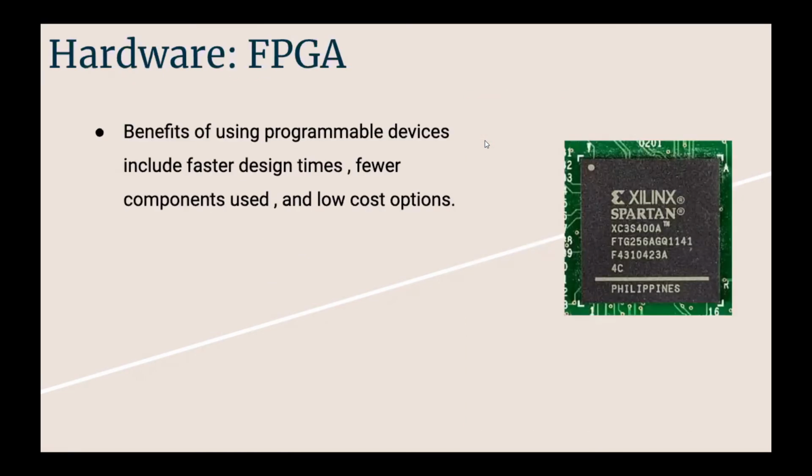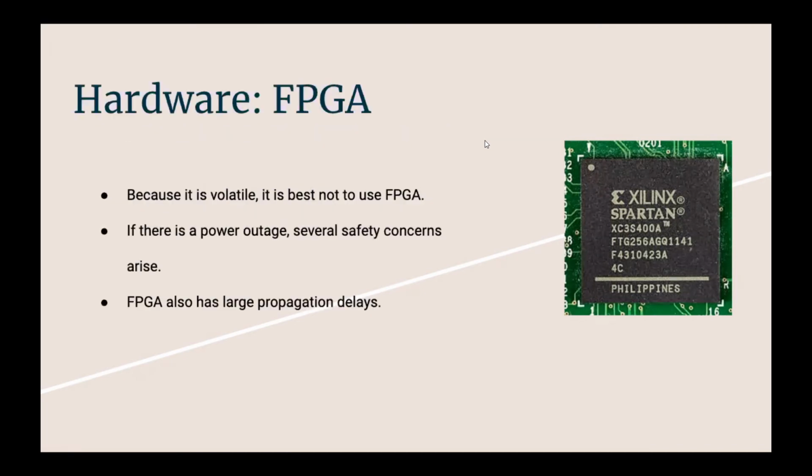And then my next hardware is FPGA. Benefits of using programmable devices include faster design times, fewer components used, and lower cost options. They don't cost too much, and they're so easy to work with. But of course, it has its downsides. Because it is volatile, it is best not to use FPGA.